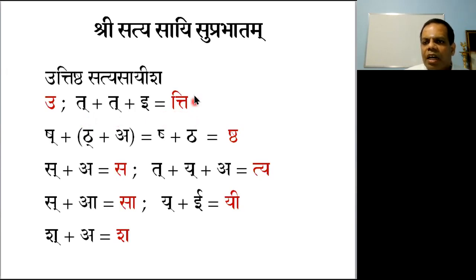Make a note of it. Ikara, this is generally written with this staff in the front of the letter and a curve which connects, semicircle of sort, connects both of them. Okay, Uttishta, Utti.